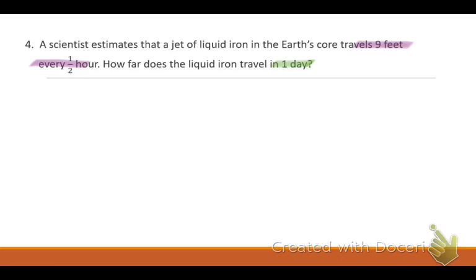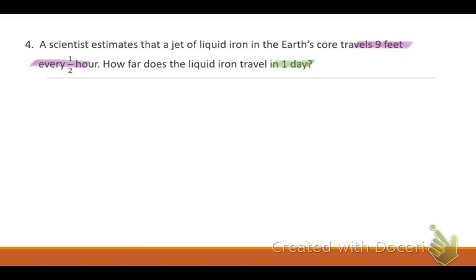And think about it. If I'm going 9 feet in a half an hour, how far is it going in 1 hour? Everybody figure it out? 9 divided by 1/2.